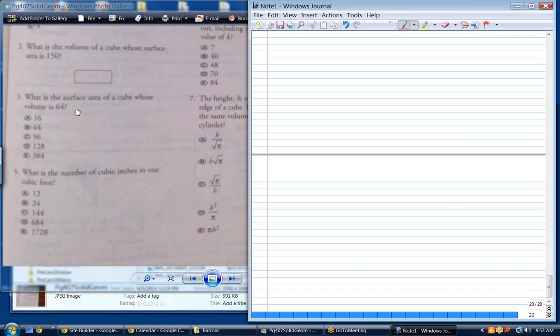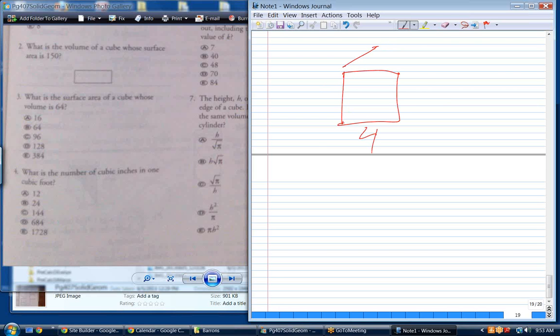Okay, so each edge would be 4. So 4... 384. If each edge is 4, wait, did I just do that wrong?